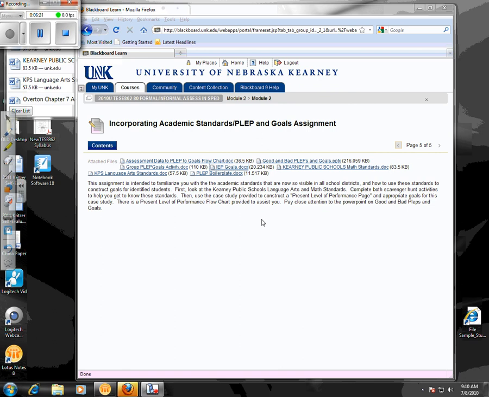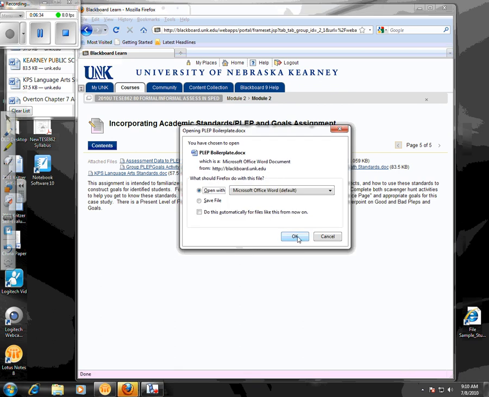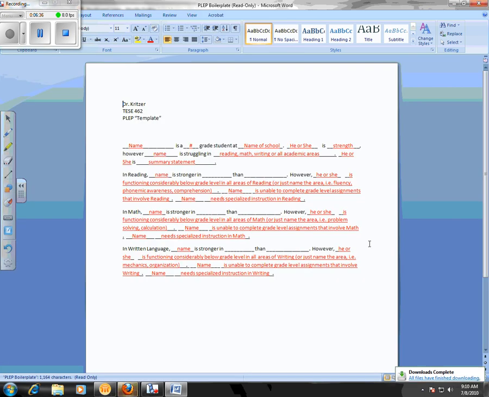What I teach my students is to come up with one, and let me show you an example of a PLEP and goal page. This is a template for a PLEP and goal page.